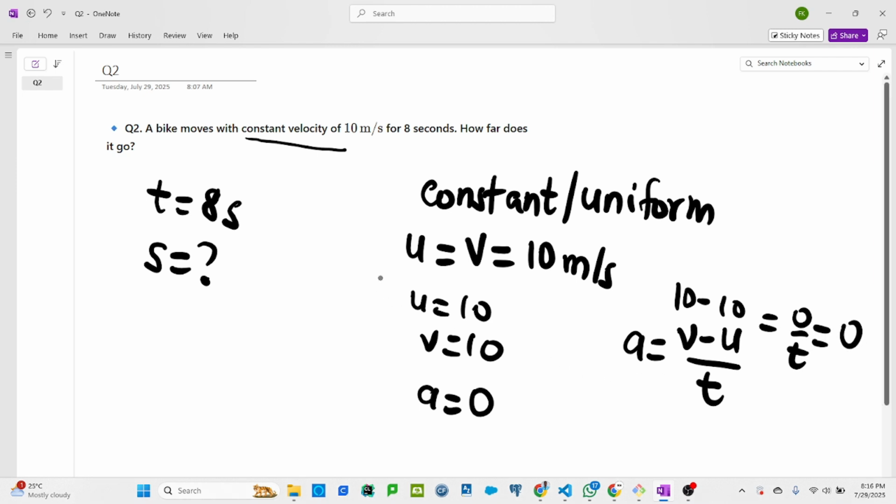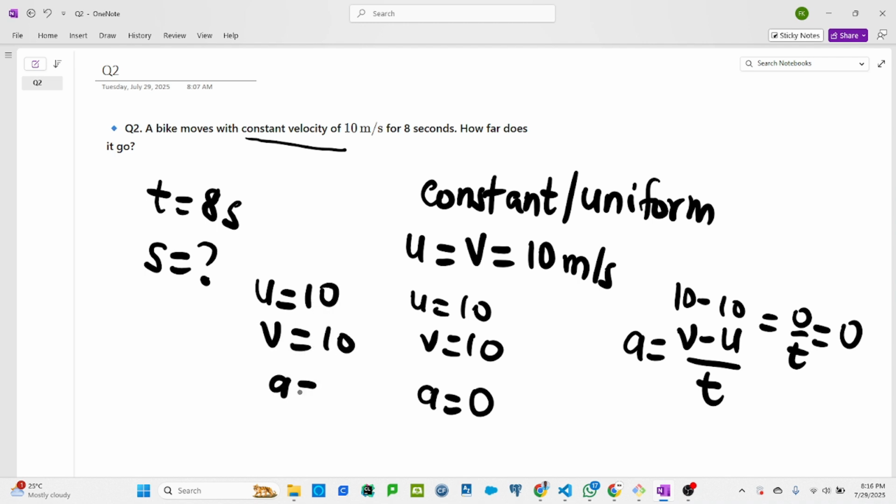I'm talking about constant velocity or constant speed, not constant acceleration. You have three values given to you: u, which is that same value, v, which is that same value, and a, which is 0. Are we good?